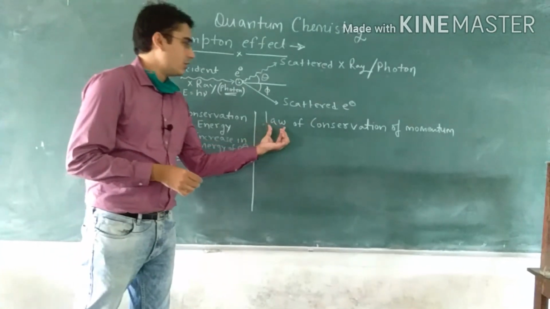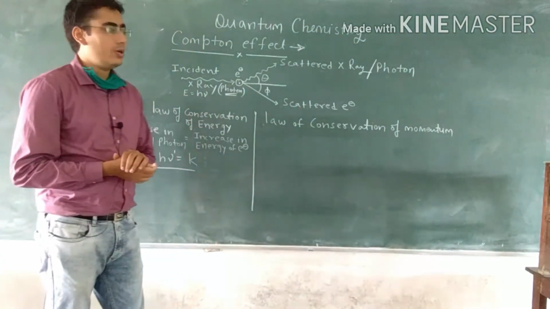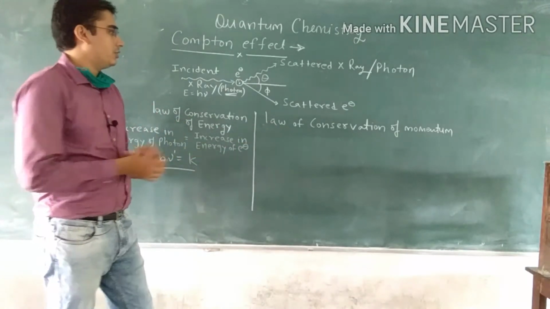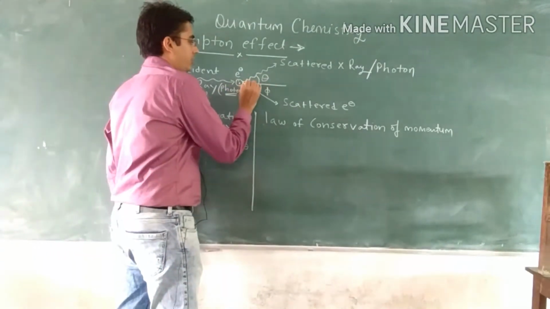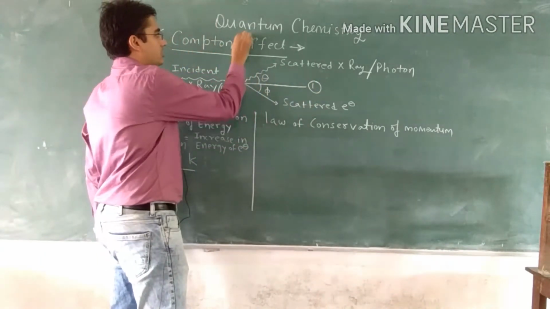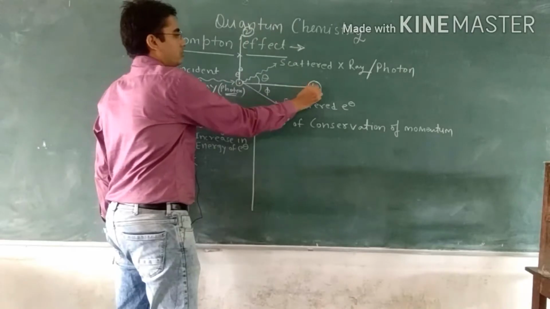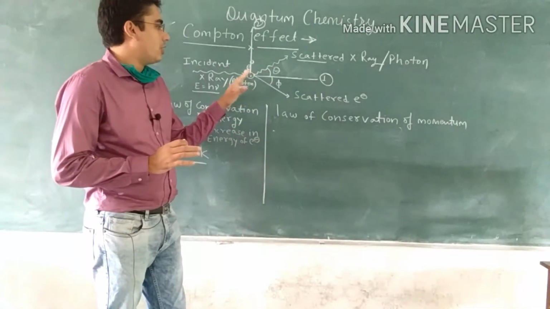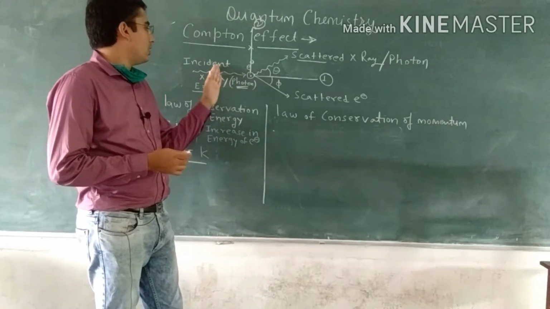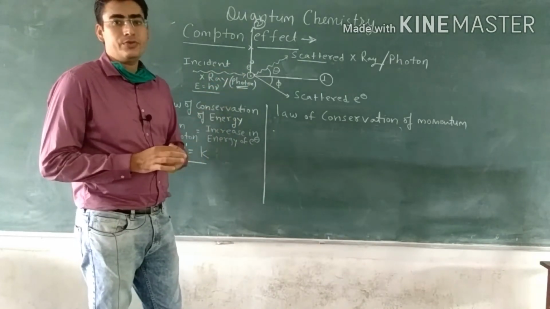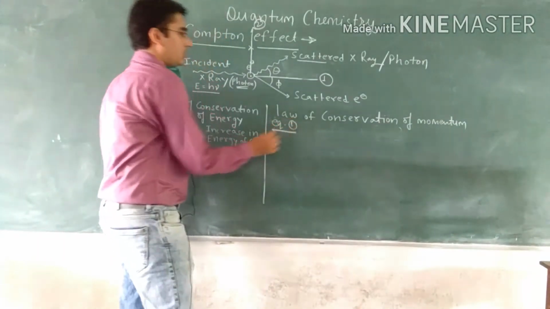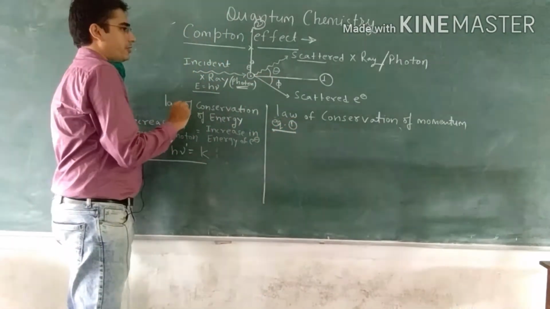Now we understand the law of conservation of momentum. Momentum is a vector quantity, and we take one direction and a second direction perpendicular to it. So we can apply the law of conservation of momentum in the direction of the incident X-ray and perpendicular to it. Thus we get two equations. Equation first is in the direction of the incident X-ray.